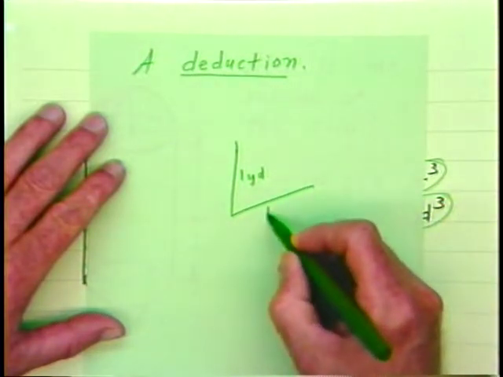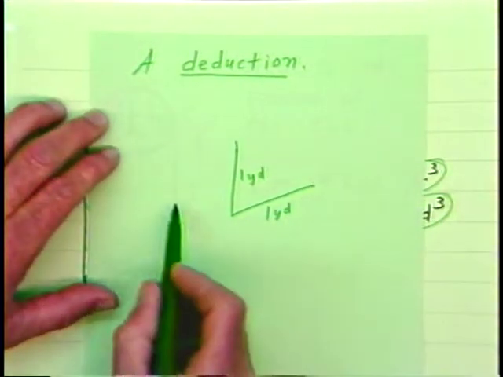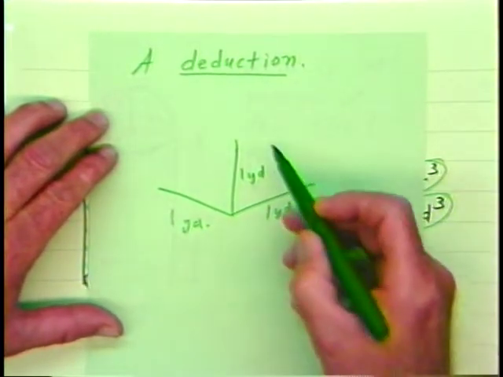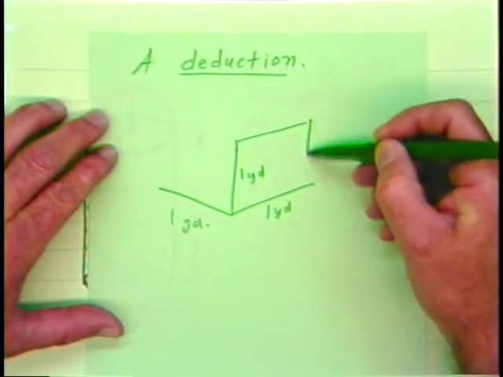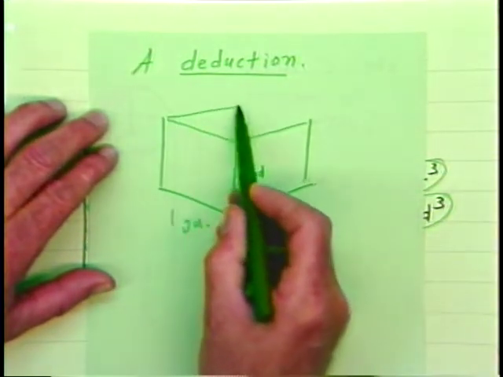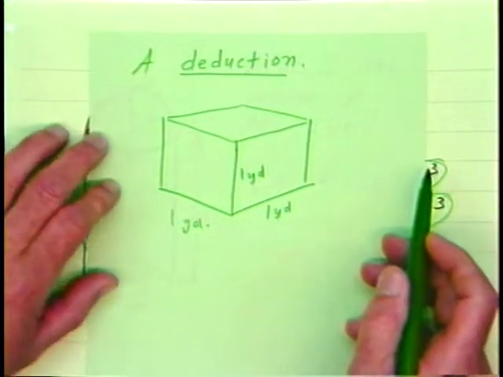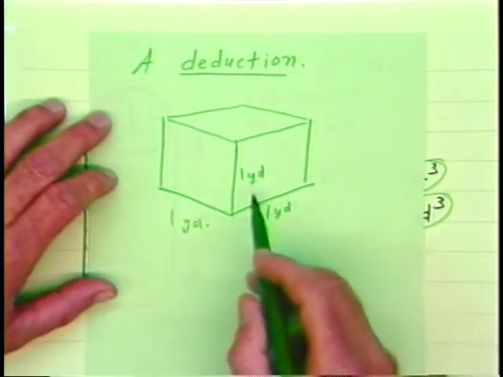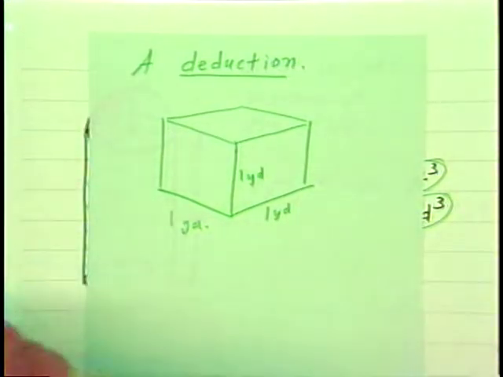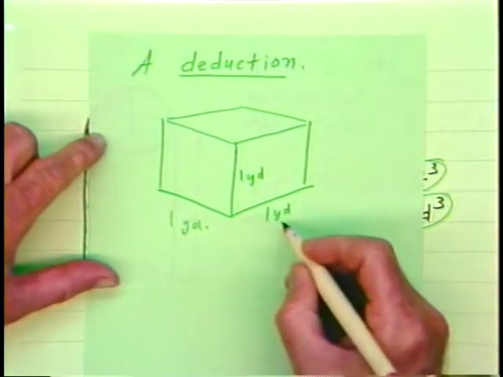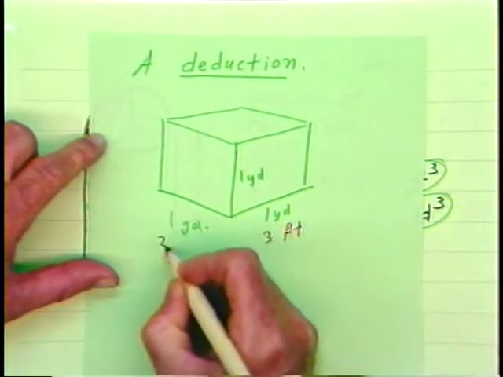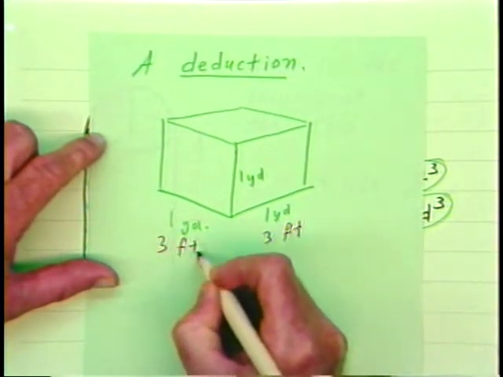1 yard wide, and 1 yard long, and out of that you construct your cube that is 1 yard on an end. Now we want to relate that to cubic feet, but we know that 1 yard is 3 feet, and of course all the way around.